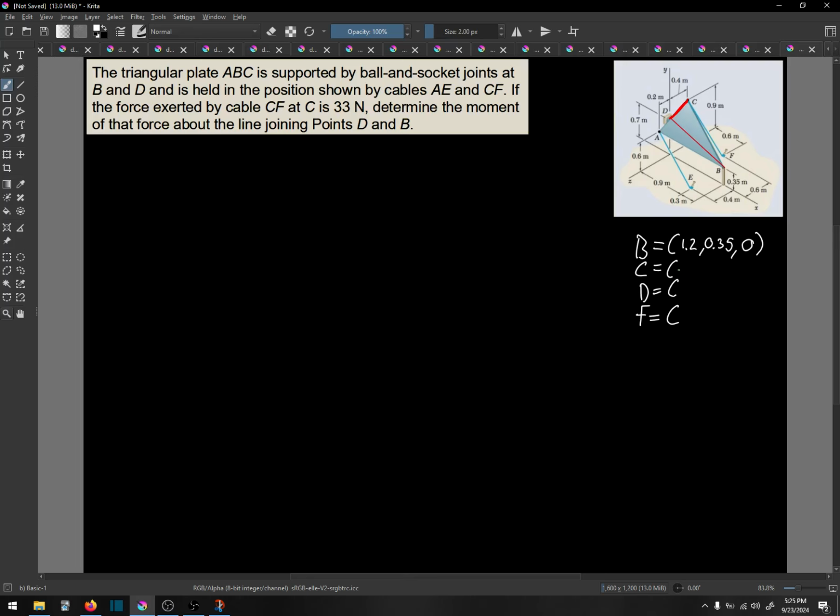Point C is going to be 0, 0.9, and negative 0.4.